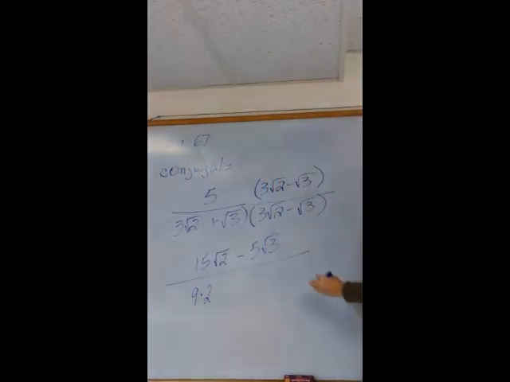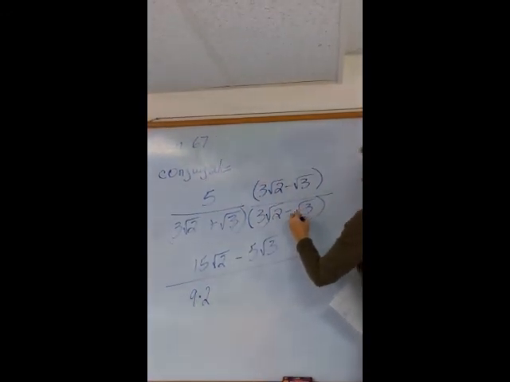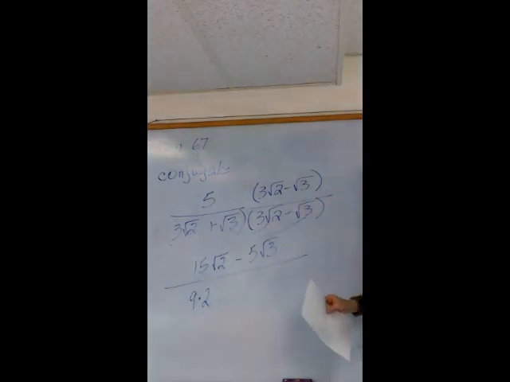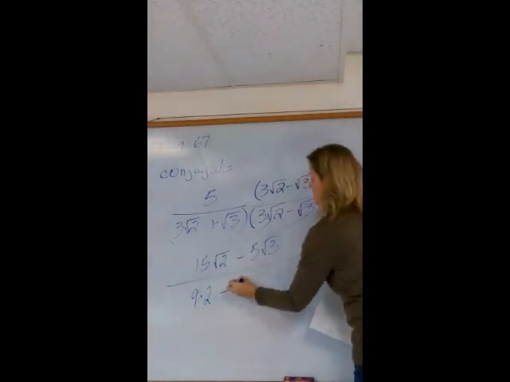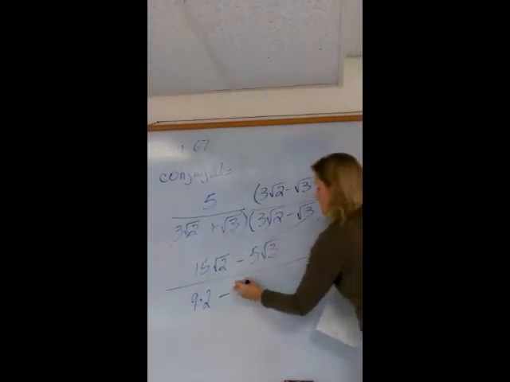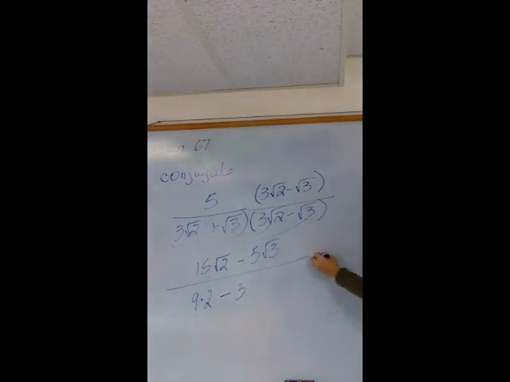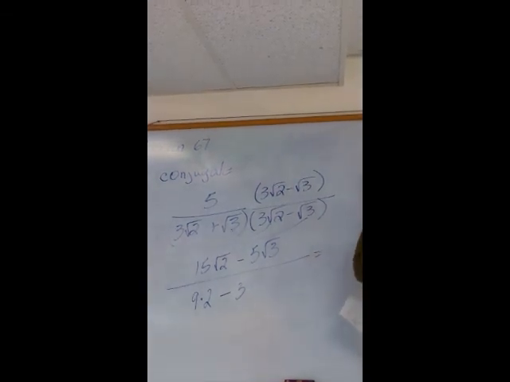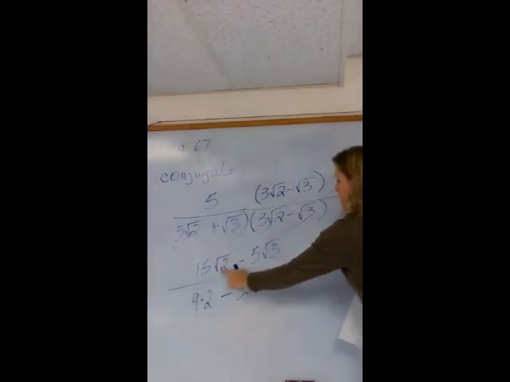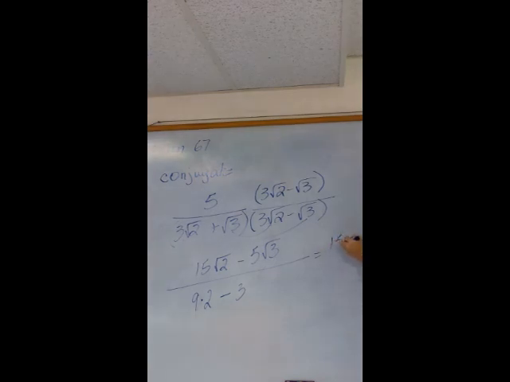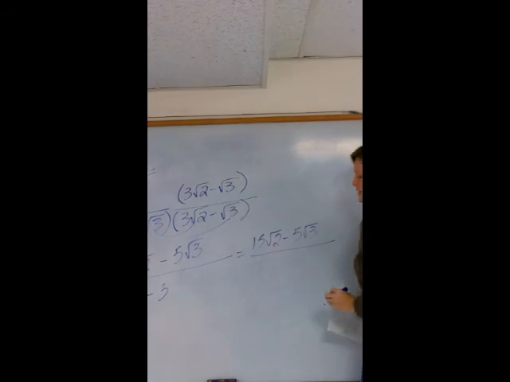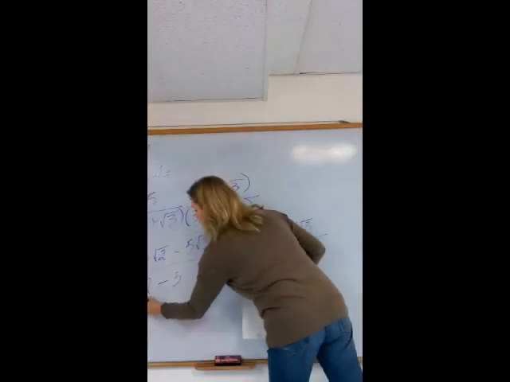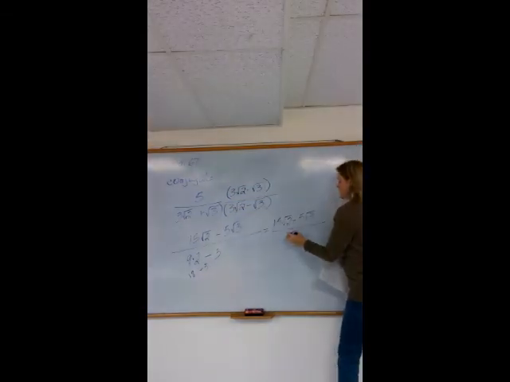And remember, your insides and outsides always cancel each other out. So I'm just going to skip that step and multiply my last terms, which would be minus the square root of 9, or minus 3. So I just have one step left, I think. I've got 15 root 2 minus 5 root 3. And on the bottom, I have 18 minus 3, which is 15.